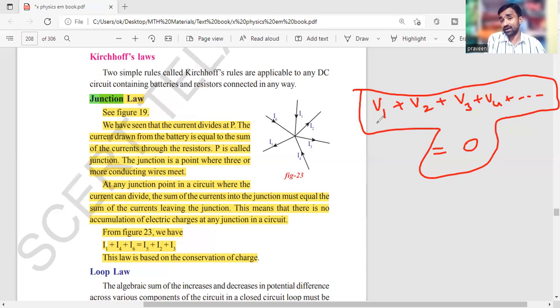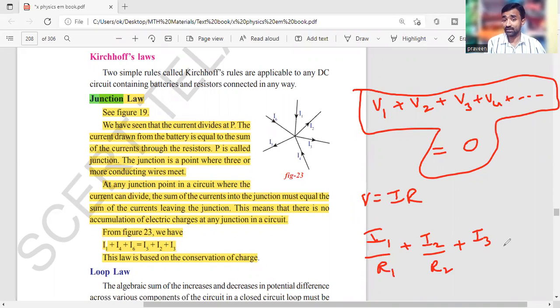Or in terms of current and resistance, you are able to write using Ohm's law, V equals IR. So V1 will be written as I1 times R1, V2 as I2 times R2, V3 as I3 times R3, and so on, is equal to zero.